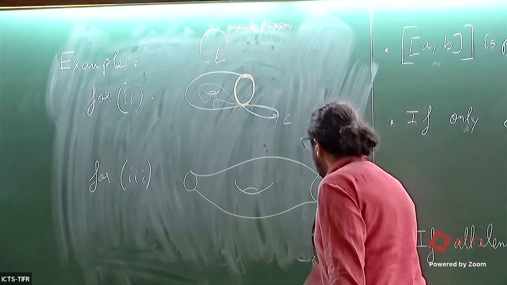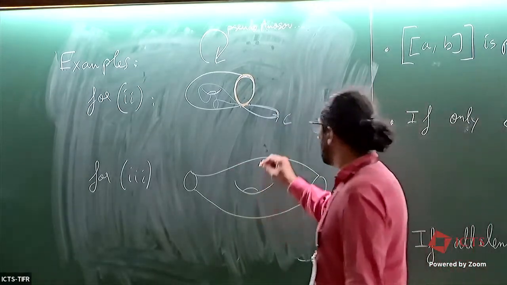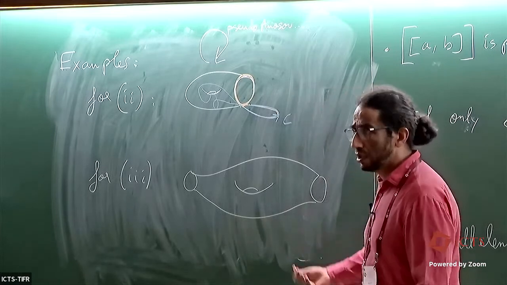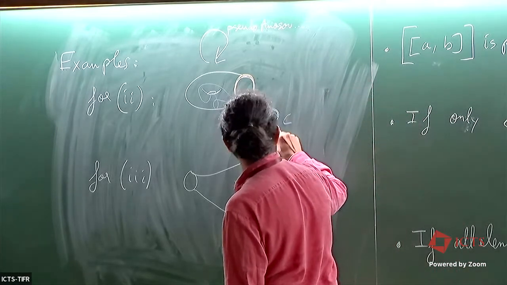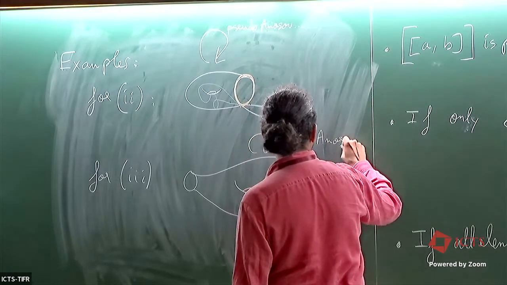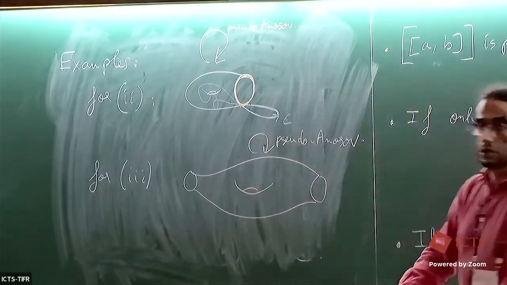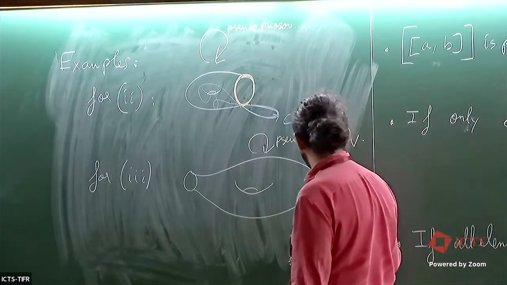And I can use again the fact that it is a surface to take an automorphism of the surface. Again, pseudo-Anosov. That will grow exponentially fast on the surface, except that it will have to preserve the two boundary components.